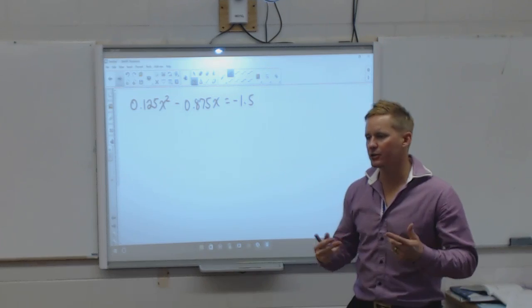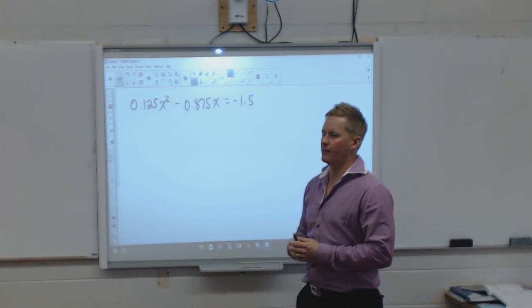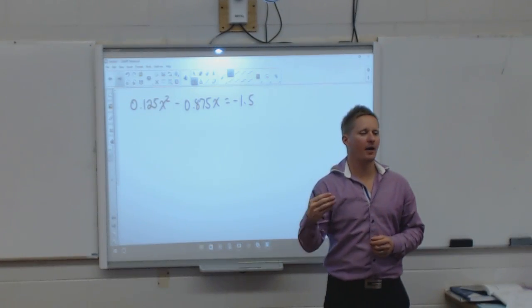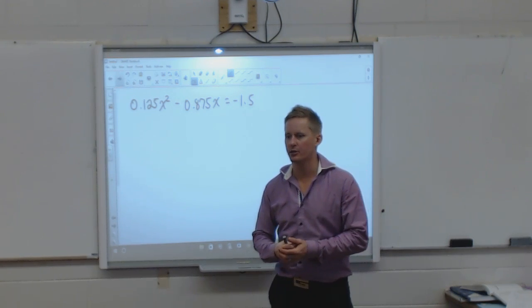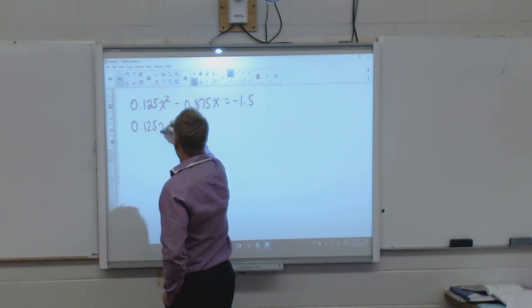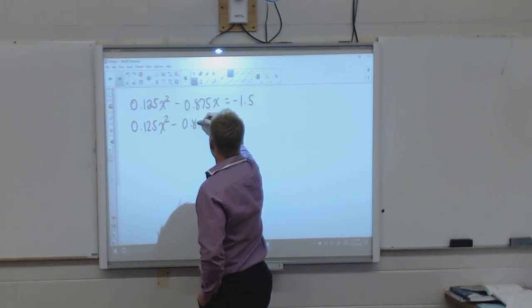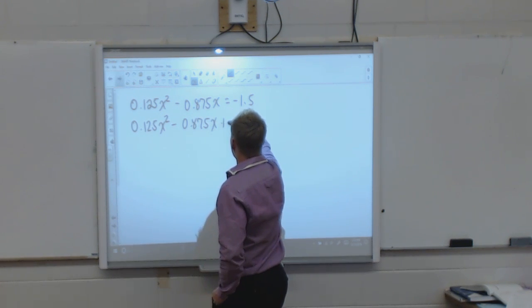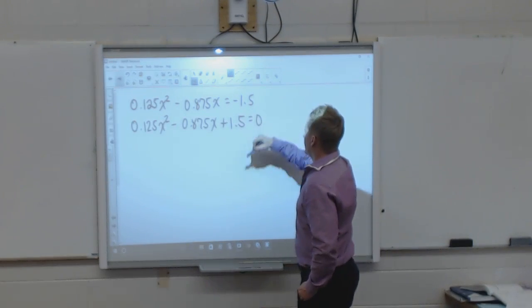If you imagine 0 as being y, it would be just graphing this equation and finding out where the zeros of the equation are. So first thing I do is take the constant term and get it equal to 0.